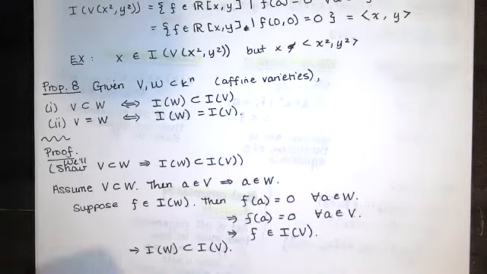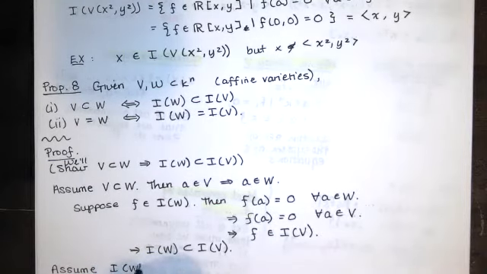Now let's go the other way. So let's assume that the ideal of W is a subset of the ideal of V. And by definition, what that means is that if f is in the ideal of W, then f is in the ideal of V. And remember what this means.